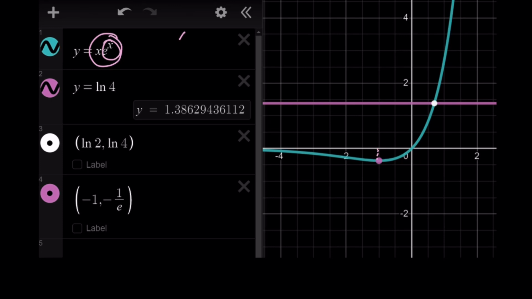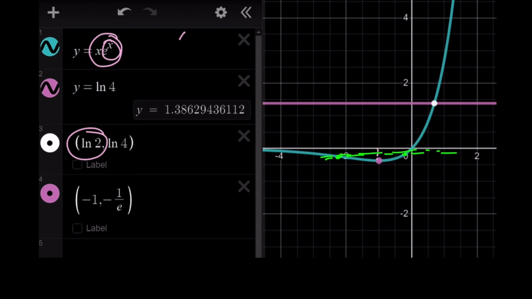Anyways, that's about limits, but this tells us that it's not going to cross the x-axis, and we're not going to be able to cross this horizontal line again. So there's a single solution, which is given by x equals ln 2. But in general, we have to be careful because sometimes there are going to be two solutions. Imagine our horizontal line went like this, then obviously you would have two solutions.